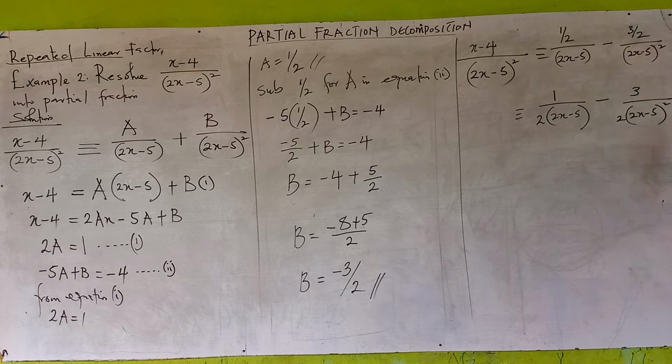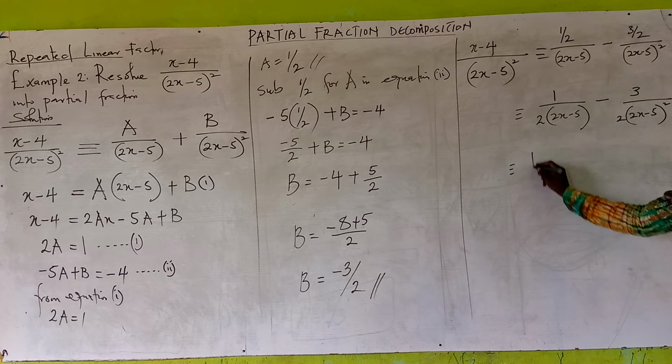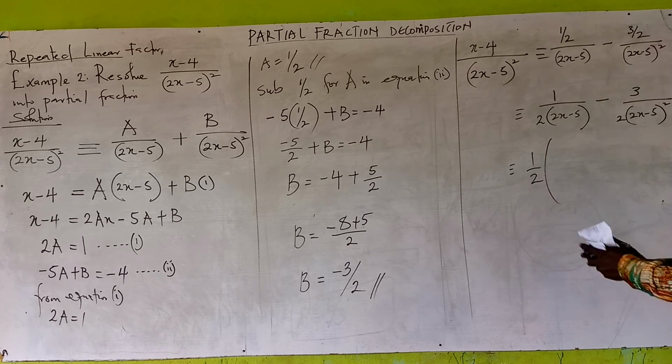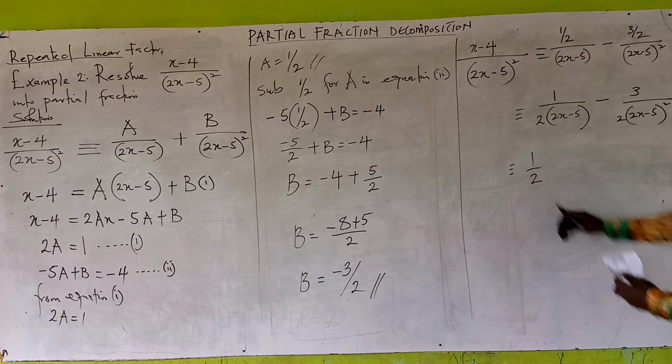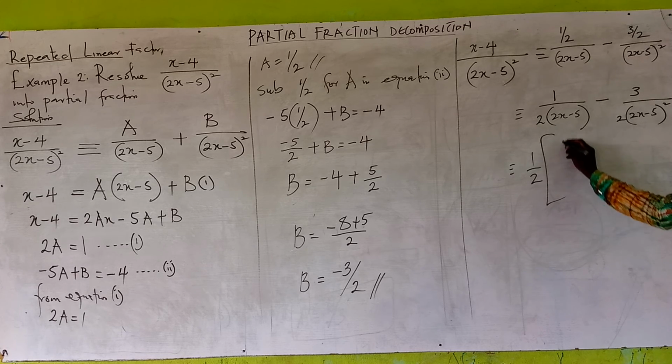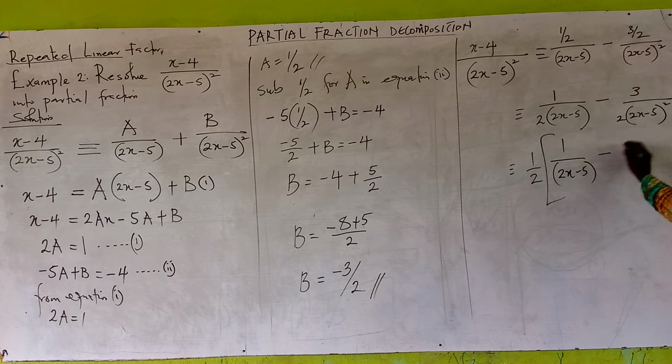Or rather, we can even factorize the whole 2 outside. That's going to give us 1 over 2 into bracket, because we have a 2 here, and in the denominator we have 2, and the denominator just 1 over 2 is 1 divided by 2x minus 5 minus 3 divided by 2x minus 5 raised to the power 2.